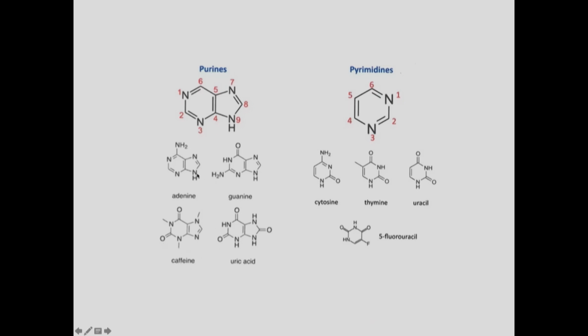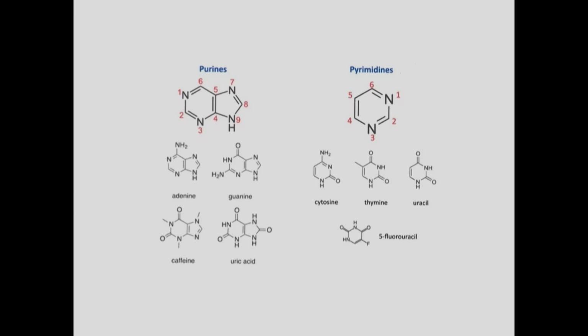So here's caffeine, certainly a very important molecule for many of us to get going in the morning. There's things like adenine. Adenine plus the ribose sugar is a molecule called adenosine. Adenosine is a very important signaling molecule in our bodies. If you go to medical school, you'll use adenosine to figure out people's heart rhythms.